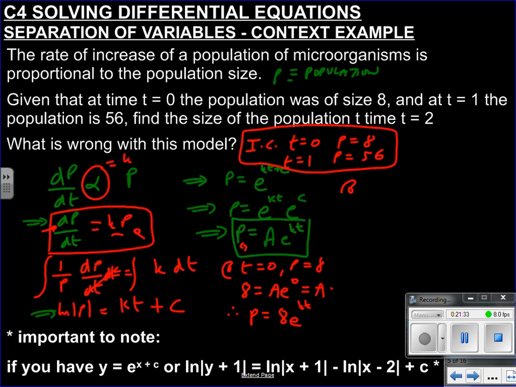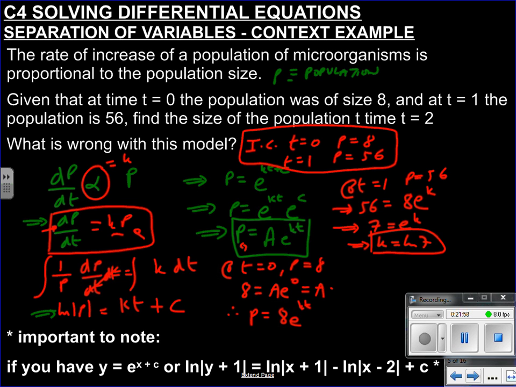So now we can say at t equals 1, p equals 56. So 56 equals 8 lots of e to the k because t is 1. 56 divided by 8 is 7. So therefore k is ln 7.